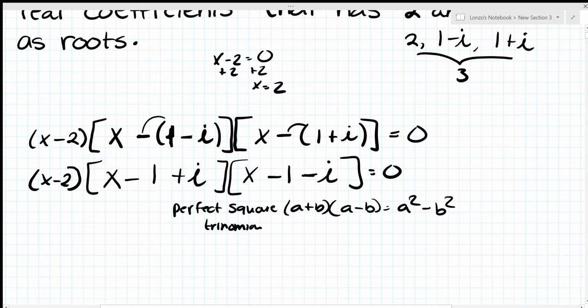this is going to be simplified as my a is x minus 1, right? And my b is just i. Since this looks like this, we've got to make it look like the right side, so it's going to be a squared minus b squared.